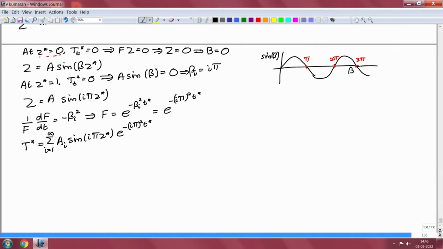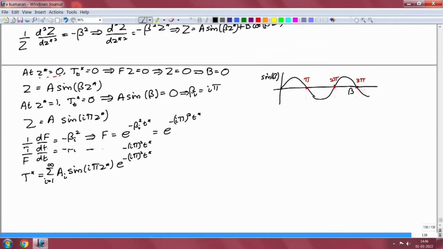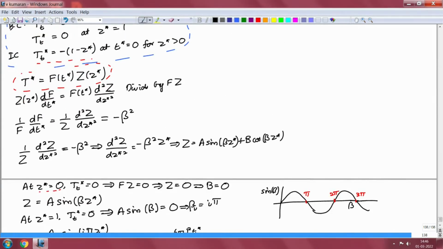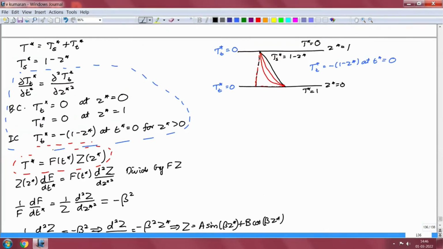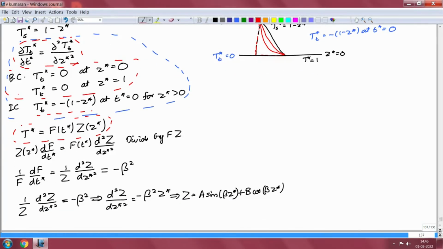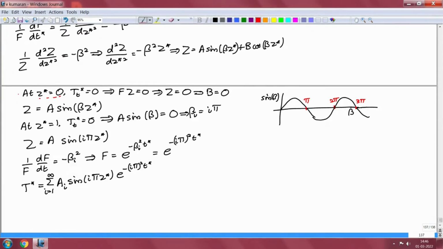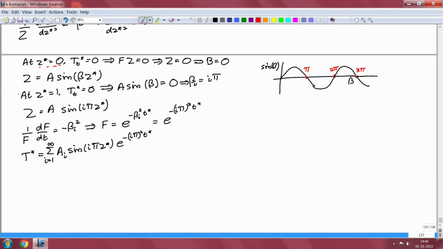This solution satisfies the second order governing equation. And it satisfies both boundary conditions, because we have ensured that capital Z is equal to 0 on both boundaries. By this choice of constant beta I equal to I pi, I have ensured that capital Z is equal to 0 on both boundaries.